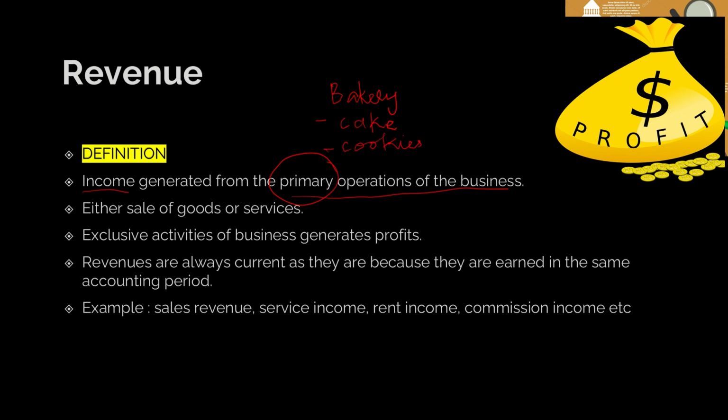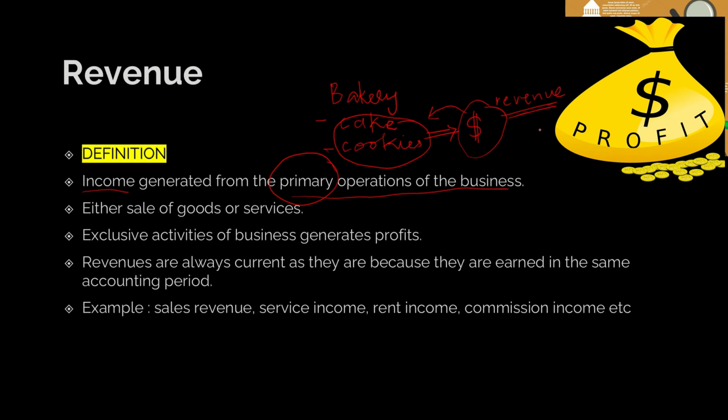Now, the sale of cakes and cookies results in some money collection. This money collection, occurring from the sale of cakes and cookies, because a bakery runs on cake and cookie sales, we call this money revenue.